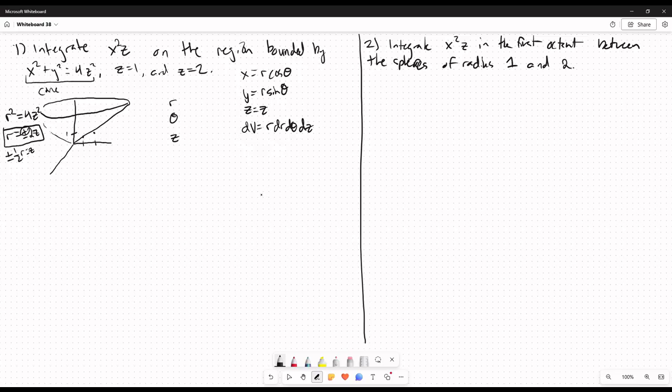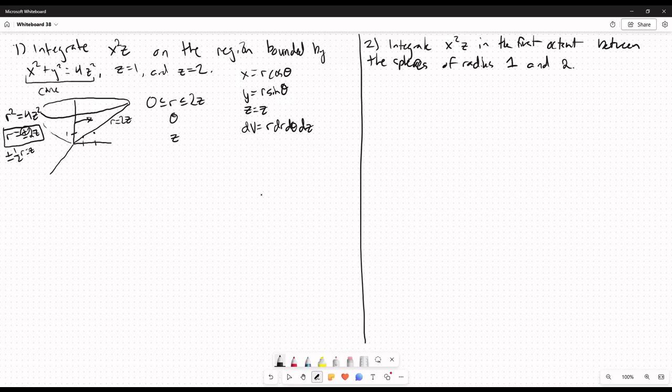How far out can I go from the z-axis? At most 2z, because this is the line r equals 2z. But it doesn't make sense to talk about negative distance, so r is greater than or equal to 0.